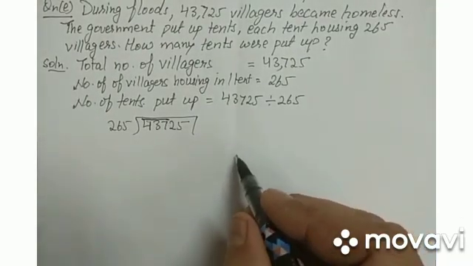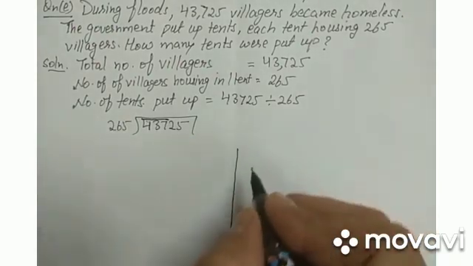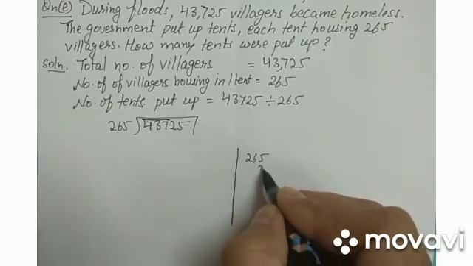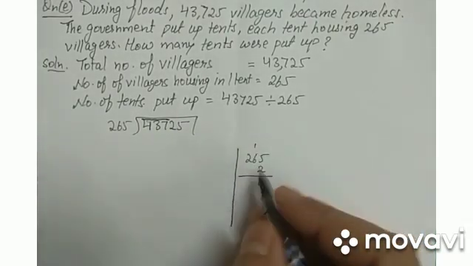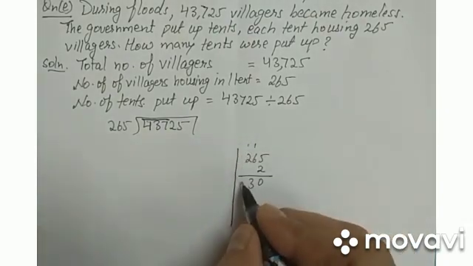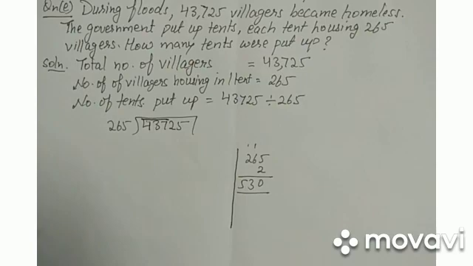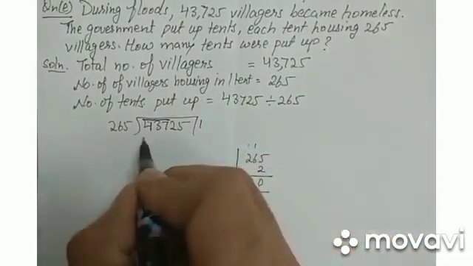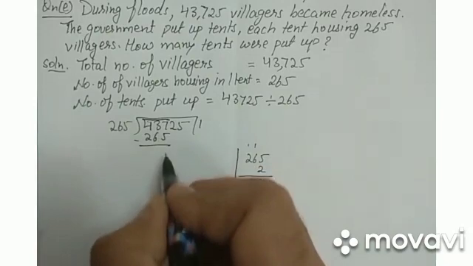We will do rough work over here. 265 times 2: 2 fives are 10, 2 sixes are 12 plus 1 is 13, 2 twos are 4 plus 1 is 5, 530. It is quite bigger than 437, so we have to multiply it by 1 only. 265 ones are 265. Subtract it.